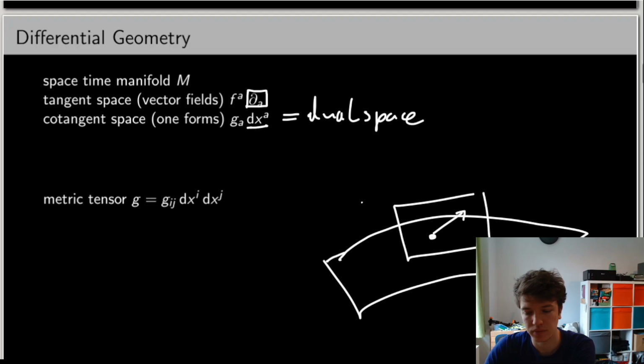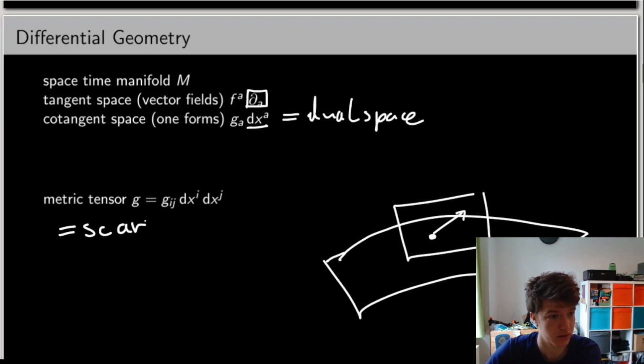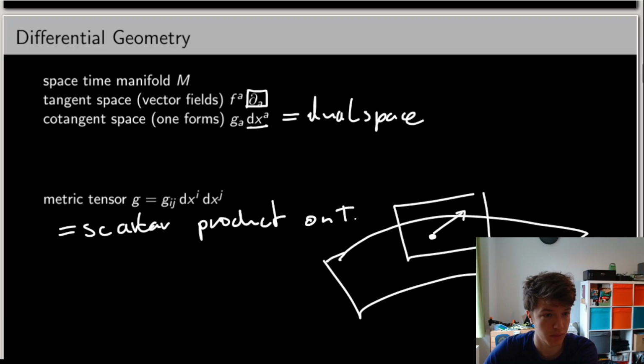And for the formulation of Maxwell's equations, we also need a metric tensor, which is a scalar product on the tangent bundle, but in every point in the tangent space.